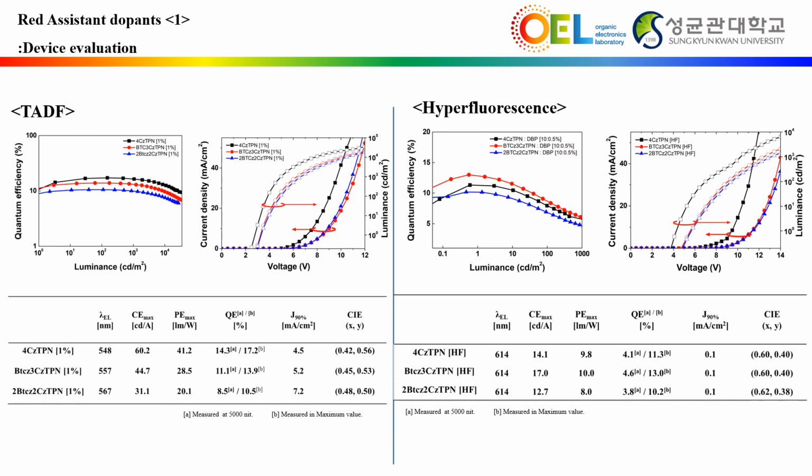In addition, both molecules redshifted compared to 4CZ-TPN, and the efficiency of TADF itself was low by the energy gap law. And as you can see in the hyperfluorescence device, the BTCZ-3CZ-TPN device showed a high EQE of 13% compared to the reference material.